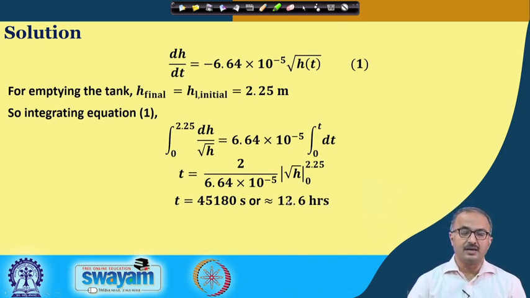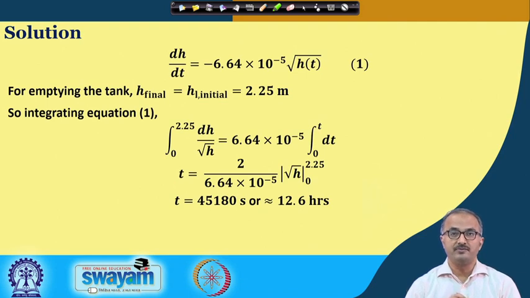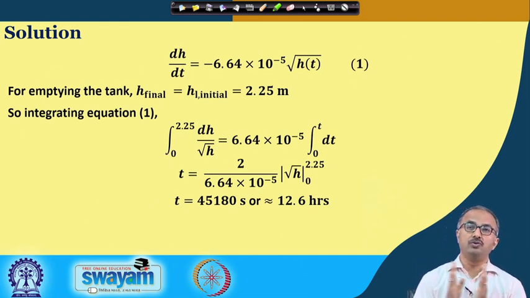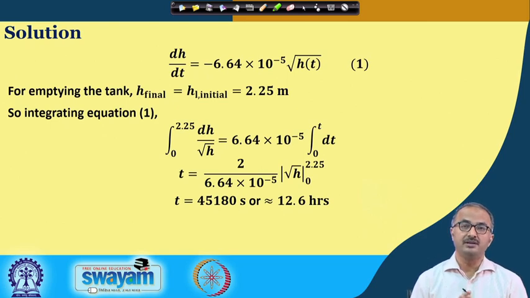So, you can see that it takes a long time to drain a water tank from a height of about 2.25 meters through a small hole of 1 centimeter. That means 12.6 hours, almost a whole day, to empty the tank.